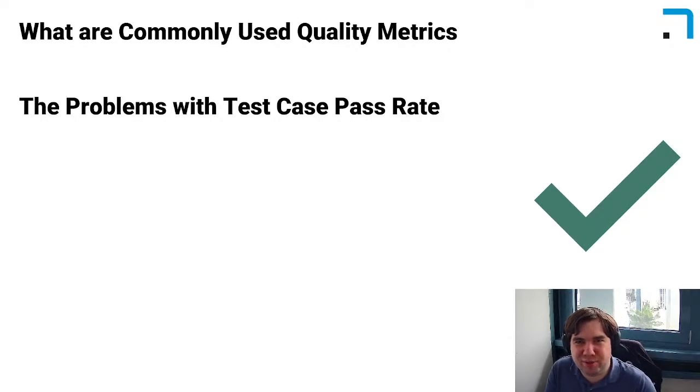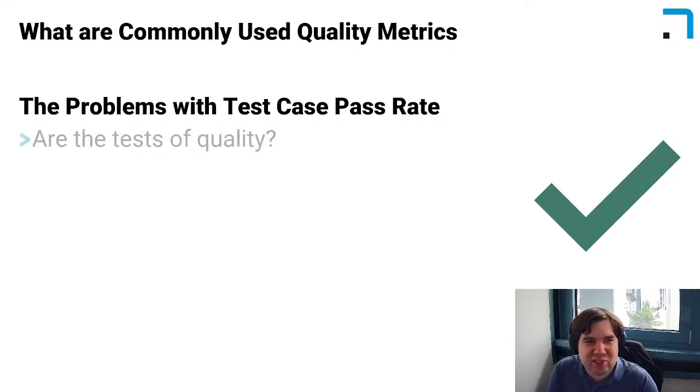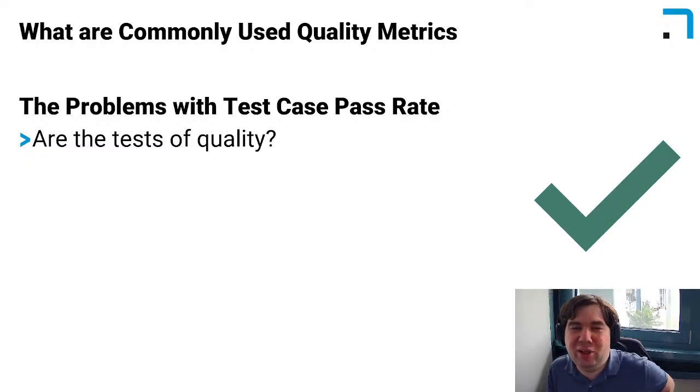Well, maybe not, because test case pass rate doesn't tell us if the tests are of high quality. Do they just have an assert true at the very end of a test case? Do they just pass themselves? Do we properly check? A test case pass rate won't necessarily tell you that, so you need to know what the test cases themselves are.